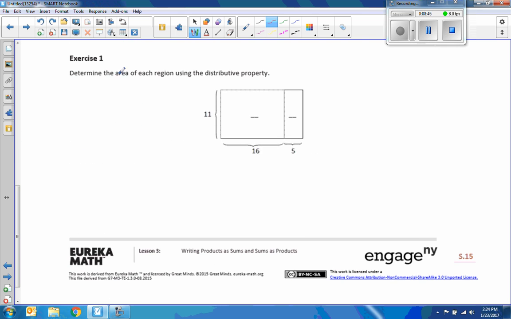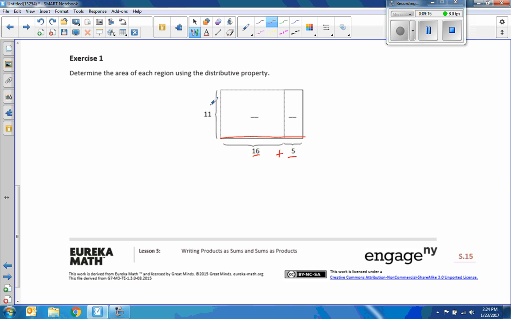Exercise 1. Determine the area of each region using the distributive property. Okay, so in order to find the area of this larger piece, it's 11 times 16. Let me represent this. You have to realize that this whole distance is the sum of this plus this.